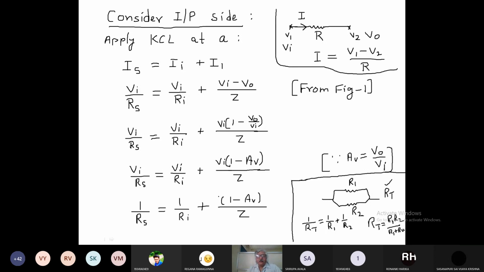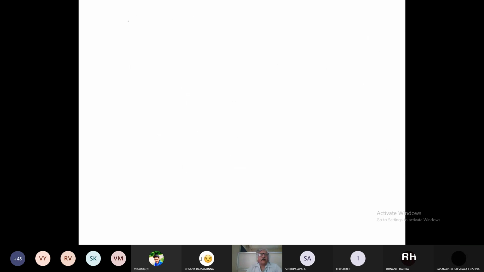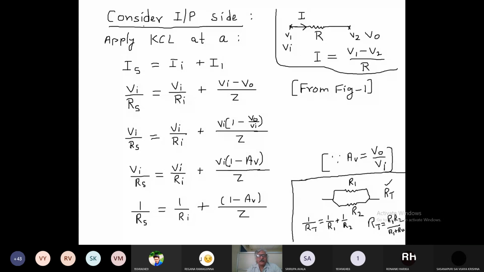Now you see this expression. Here Rs is equal to two resistors in parallel. What are those resistors? See this expression: 1 by RT is equal to 1 by R1 plus 1 by R2.